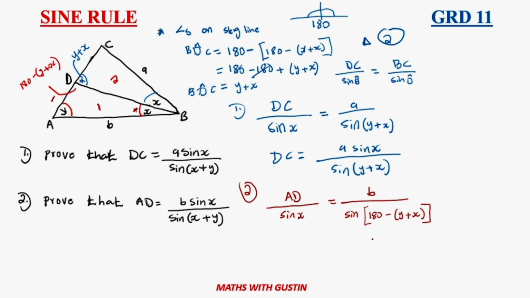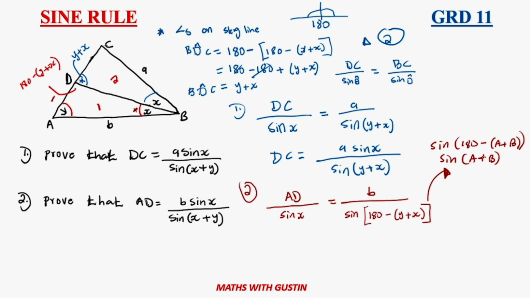Now this one you can simplify further. If you check your formula sheet, guys, you will see there are double angles: if you have sine of 180 minus (A plus B), this ultimately simplifies to sine (A plus B).